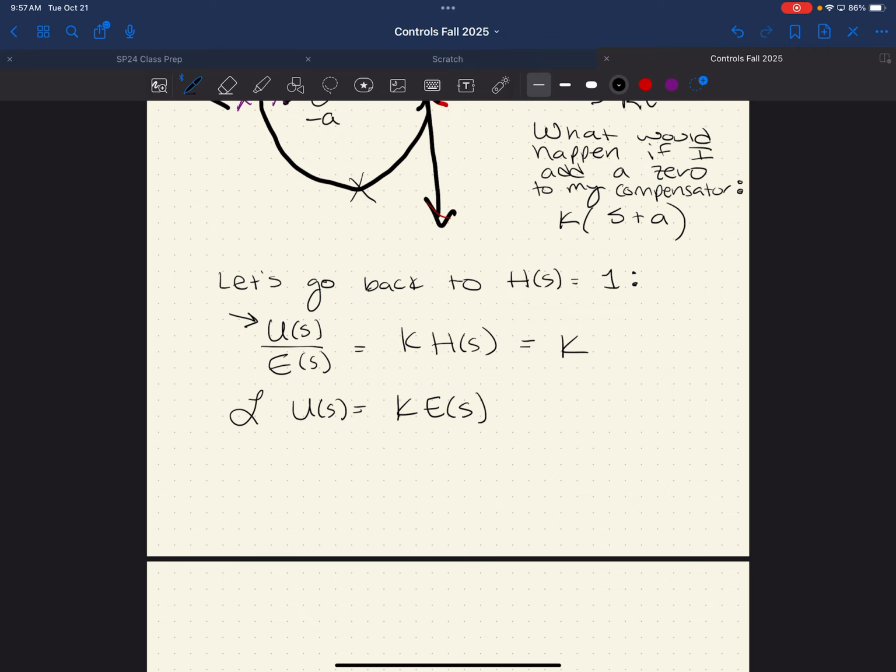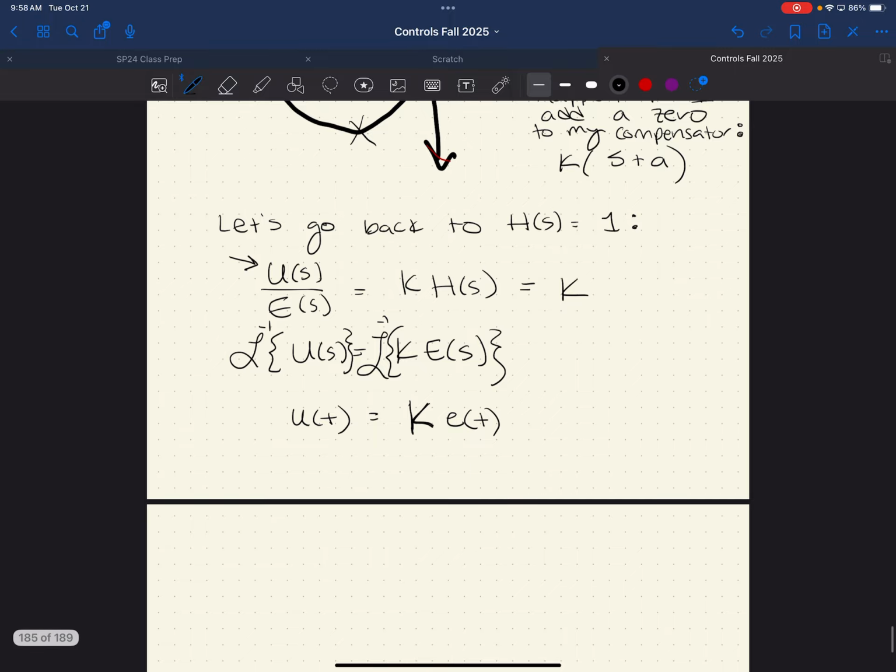And if I inverse Laplace both sides, I should get U of t, the control signal in the time domain, is equal to still just some proportional K times our error. This, my friend, is usually labeled with a subscript p, and it is referred to as a proportional gain, Kp, because what you have just created is a proportional controller.